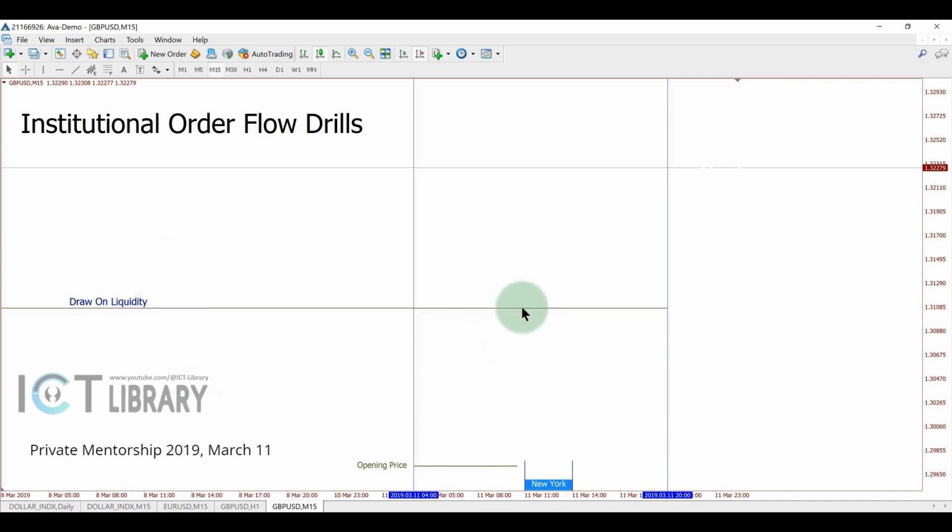Now, it can hit it one time or fall short of it and have a retracement of some sort, and you saw that today in my British pound versus US dollar trade. I didn't freak out when it started to pull away from the level. I knew it was going to go higher, and all it did was pull back down into a bullish order block. So in your mind, price action works off of this specific model for this institutional order flow entry price drill.